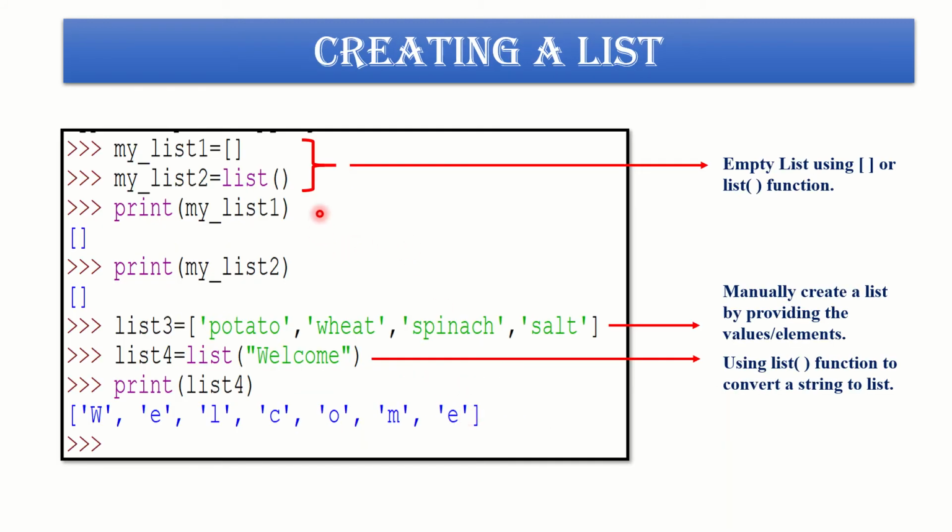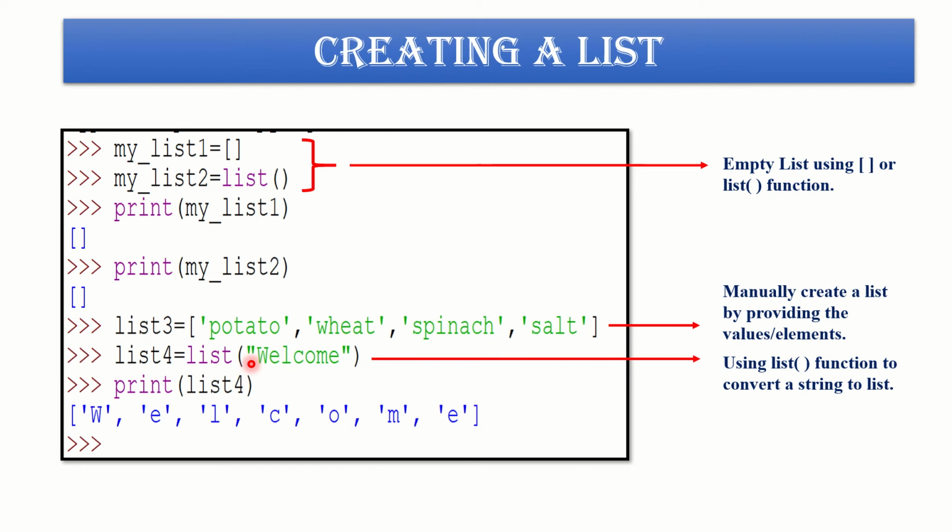Now, how do you create a list? A list can be created by giving the square brackets to a variable or by using the list function. So if you see here, this will be creating an empty list, and when I give print my list 1, this gave me an empty list. If you want to give the values to a list, you have to manually type them, separating them with commas and enclosing them with square brackets.